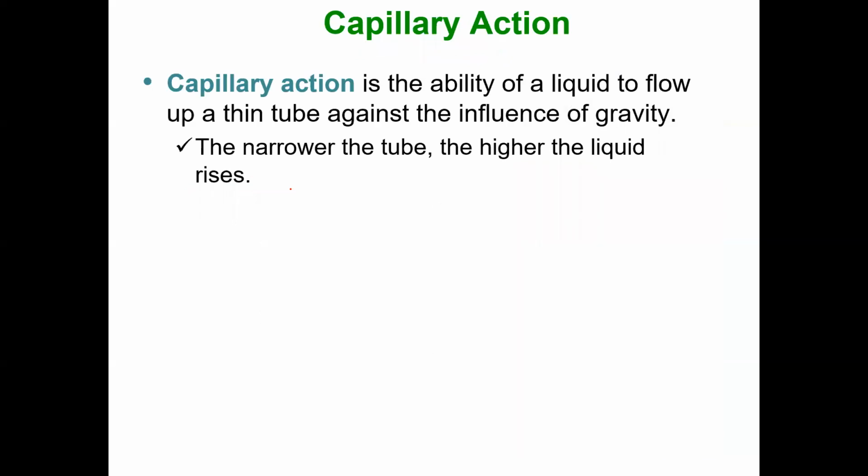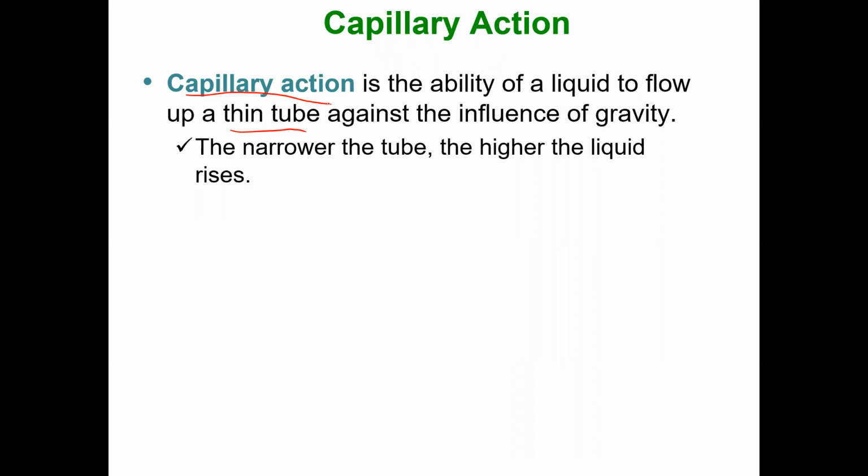So now that we talked about flow, let's talk a little bit about an upward flow of a liquid in a thin tube. That is called capillary action. So that's basically where water can flow up against gravity. Now, where do we see capillary action? Plants.